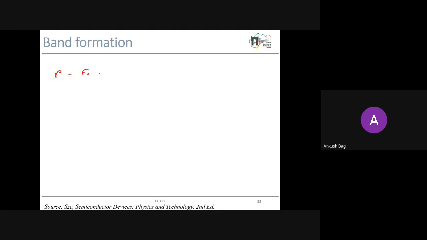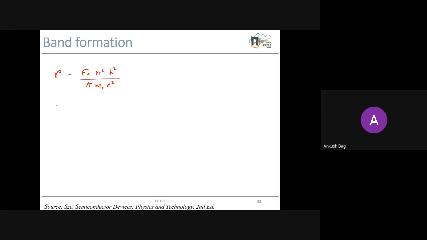epsilon naught n square h square divided by pi m naught e square.